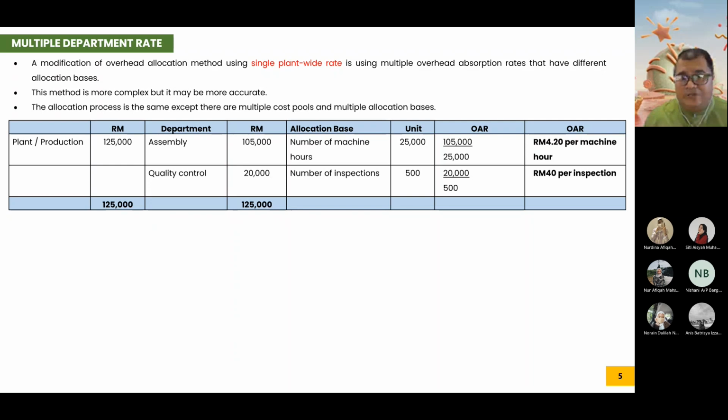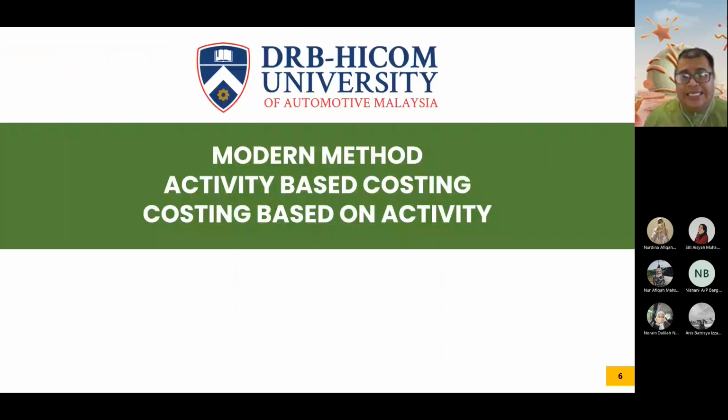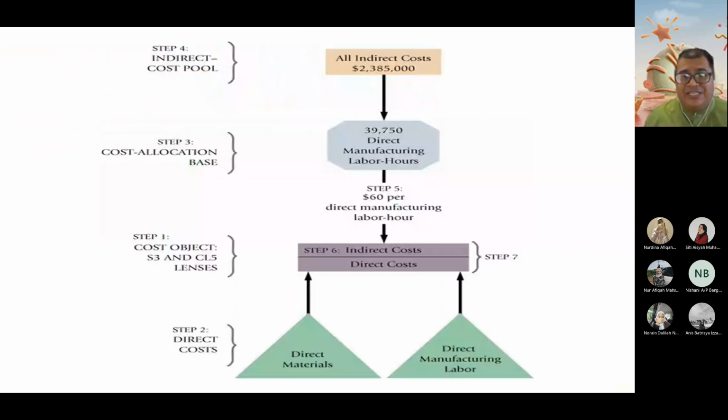So after this, by using the modern method ataupun activity based costing or costing based on activity, dia akan jadi banyak. Okay. Contohnya yang this one saya Google sahaja. Contoh dekat sini ialah kalau all indirect cost ataupun manufacturing cost dia valued at 2.385 million.